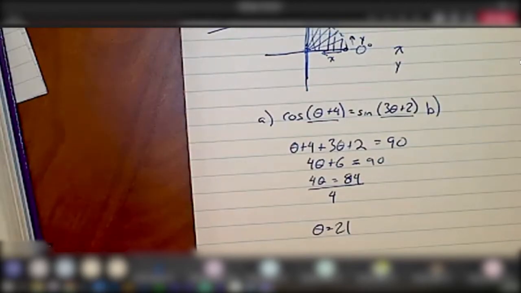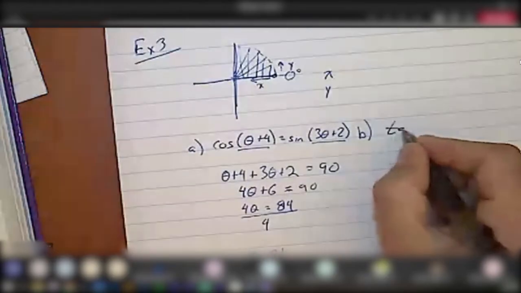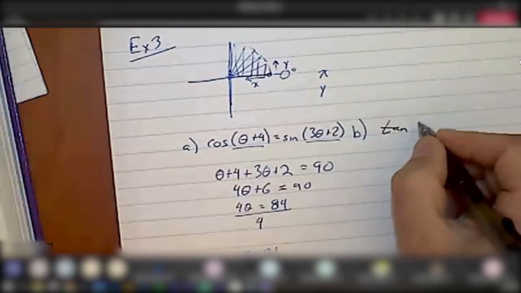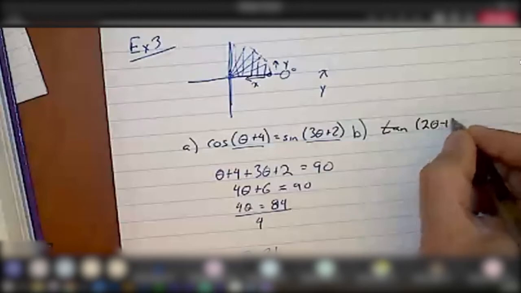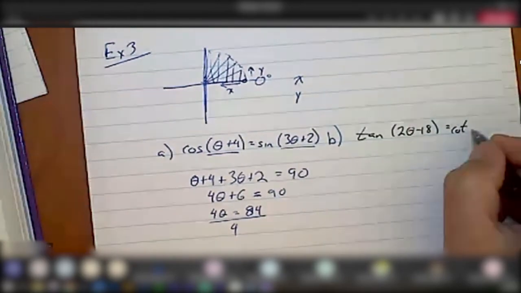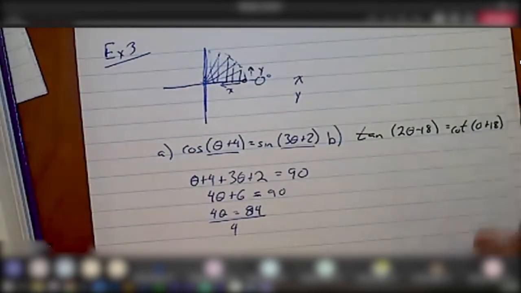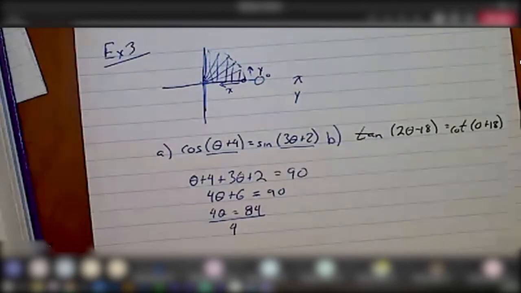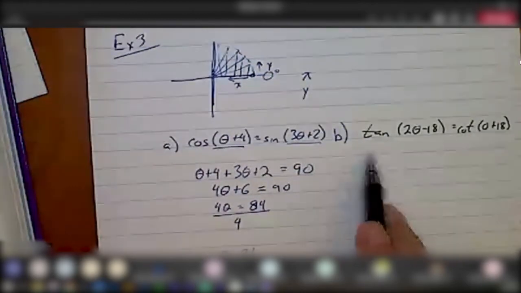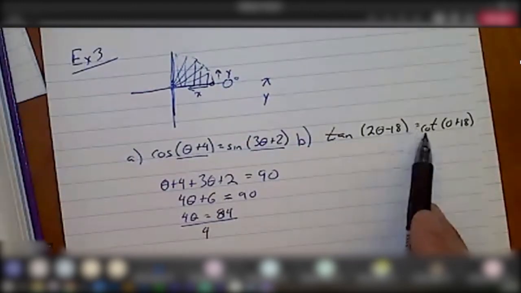Part B, they say tangent of 2 theta minus 18 equals cotangent of theta plus 18. So if you're looking at this question, you're saying to yourself, tangent equals cotangent.